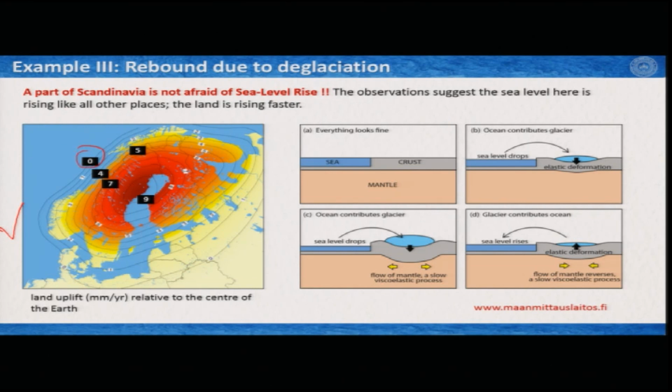Now, this behavior is explained by a combined rheology, that is why land is rising up in this region and why the maximum rise is at the core of this area.